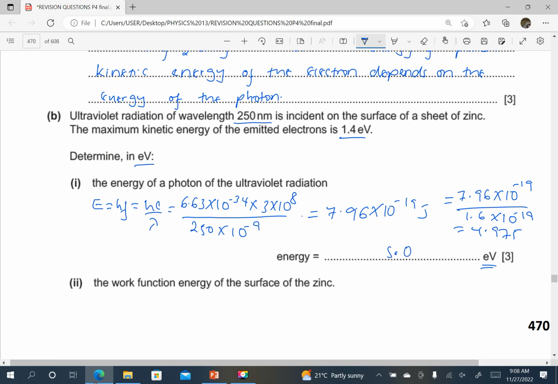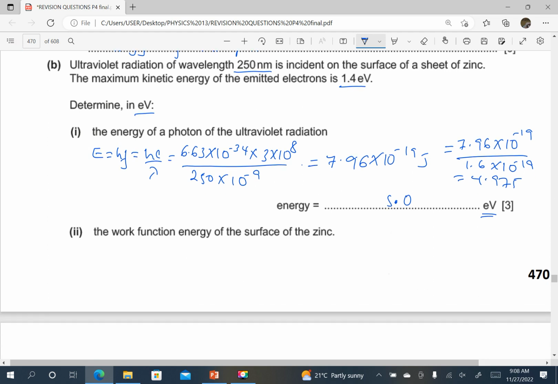Remember, I avoid writing answers to less than two significant figures. So it is approximately 5.0 to two significant figures, or 4.98 to three significant figures, electron volts.